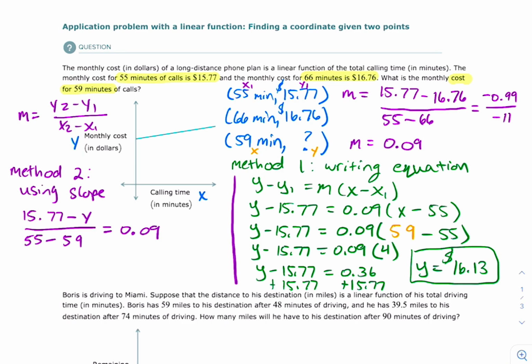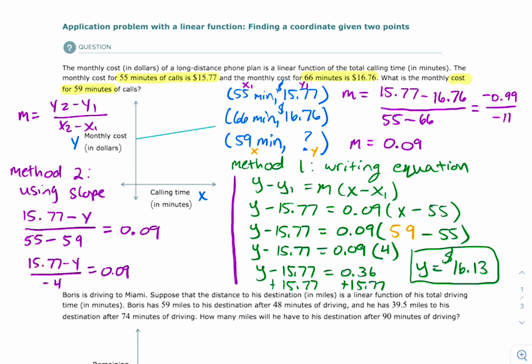And now we are just solving for y. So I'm going to combine my like terms. 15.77 minus y, and then 55 minus 59 is a -4, equals that 0.09.